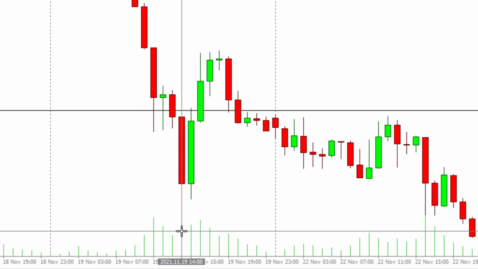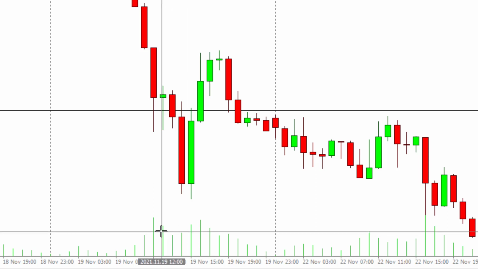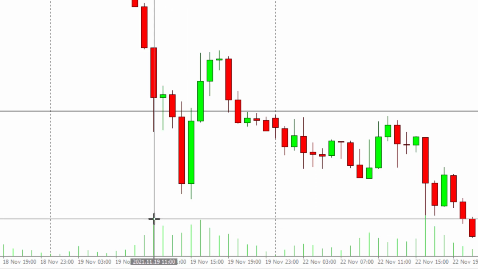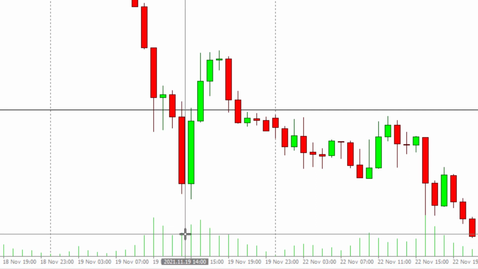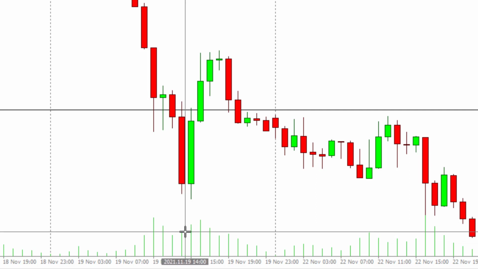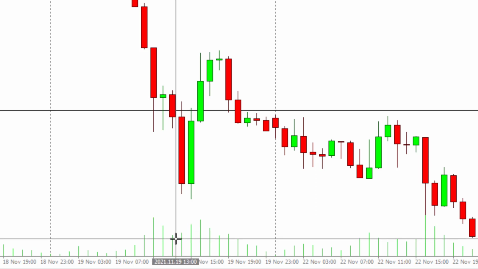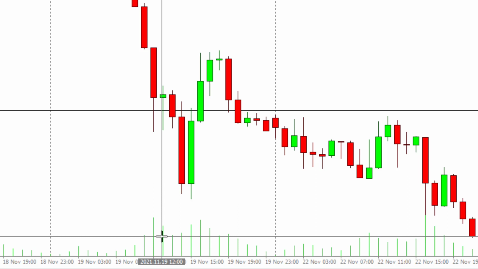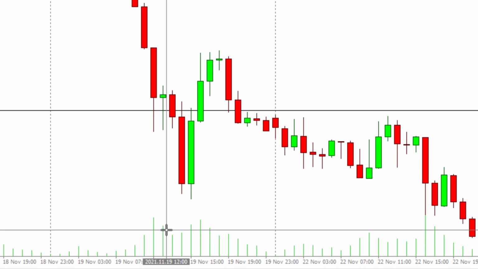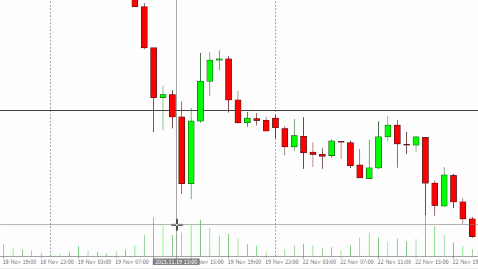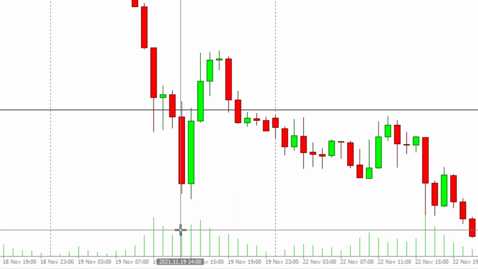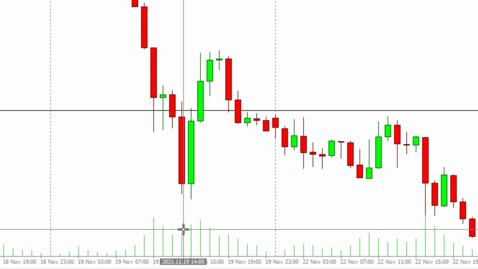But before, we have to identify the volume decreasing continuation. Here is the volume decrease: lower, lower, and higher. This is the key. So first, we have to identify the volume decrease continuation, like this. And after that, if the volume increases, then trade. Very, very important.